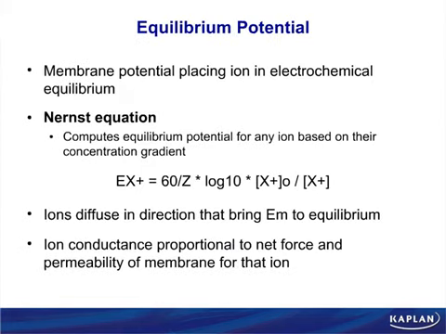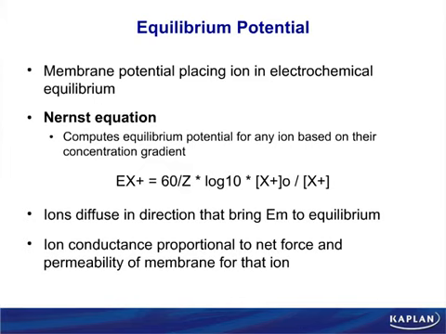All right, now let's talk about that big concept that we mentioned before. Let's go into a little more detail and really drive home the idea of equilibrium potential. This is a membrane potential that places an ion in electrochemical equilibrium. As we indicated before, it is calculated by the Nernst equation, and this is the Nernst equation.